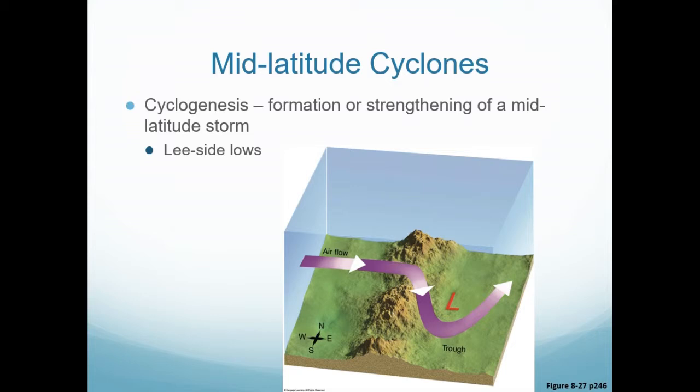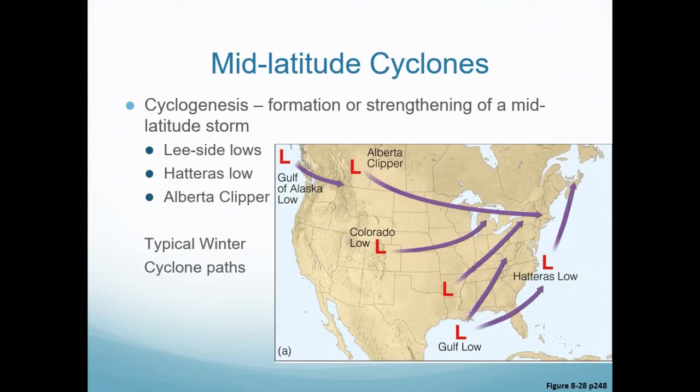So you've got your polar front bringing air across a mountain range, but then as the air moves to the leeward side of a mountain, that's going to form a low pressure within that polar front. And then once you have that low pressure, you've got yourself a frontal wave.